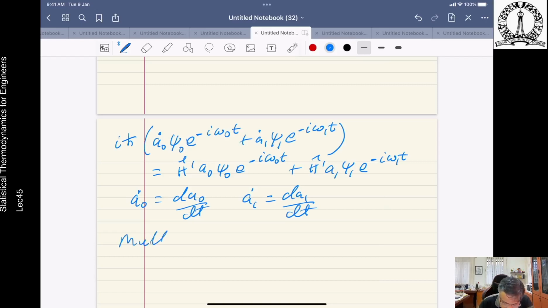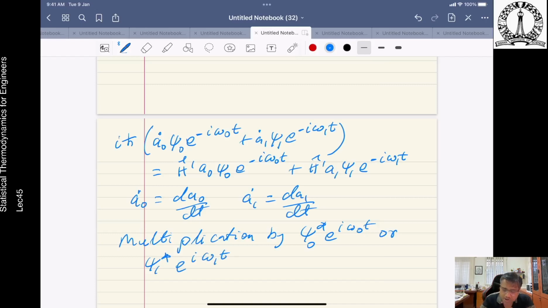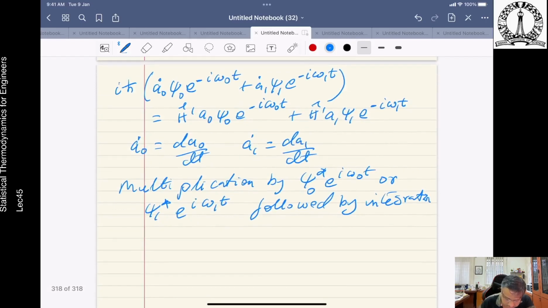That then yields two coupled differential equations.